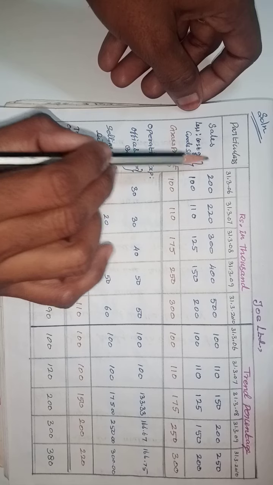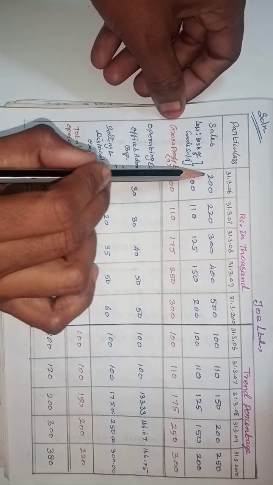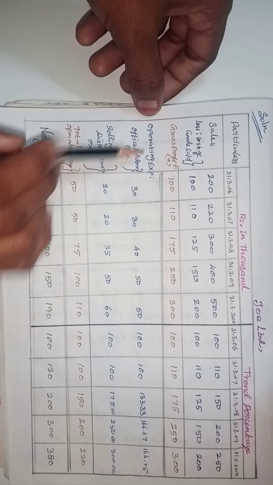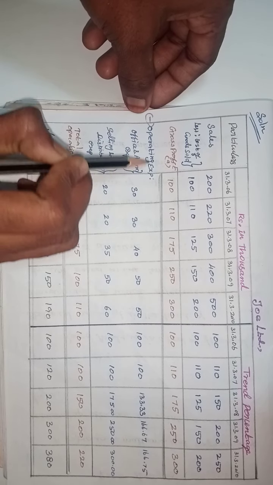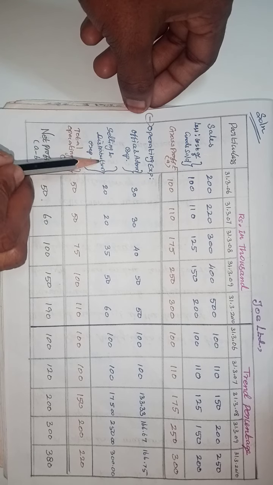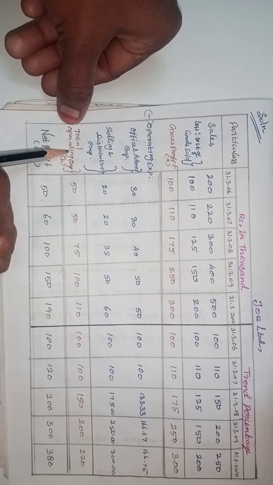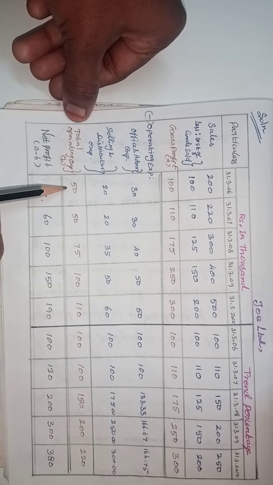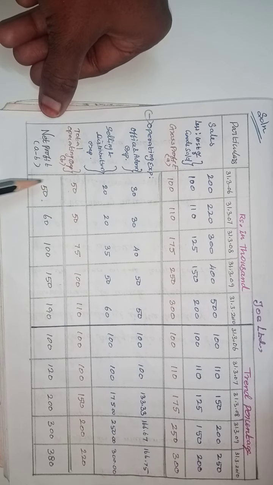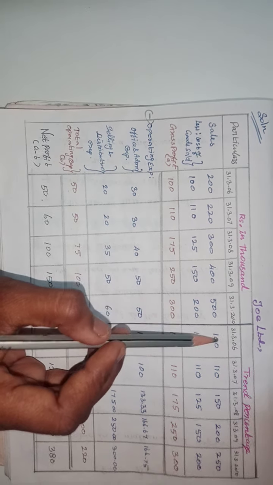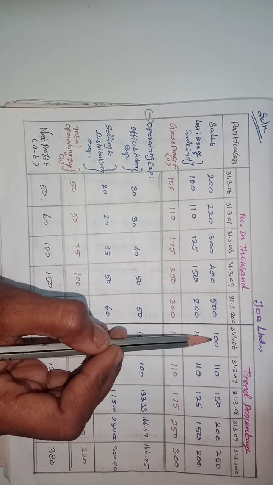Then sales less cost of goods sold gives the gross profit, less operating expenses, office and administration expenses and selling and distribution expenses. This is the total operating expenses. Gross profit minus total operating expenses equals net profit. So the base year, first year, equals 100%.